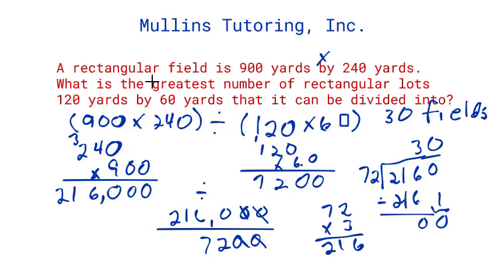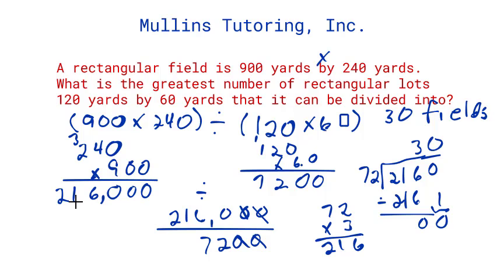So we translated the word problem into a number sentence. We did the multiplication, and you can just put the 900 right under the 240. I just find this to be easier instead of having rows of zeros. We multiplied 120 times 60.